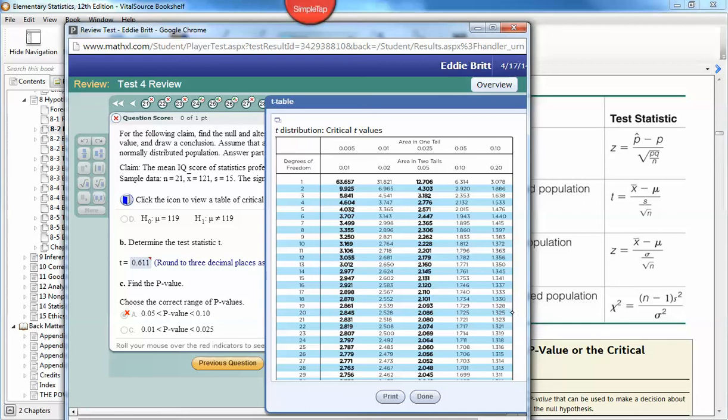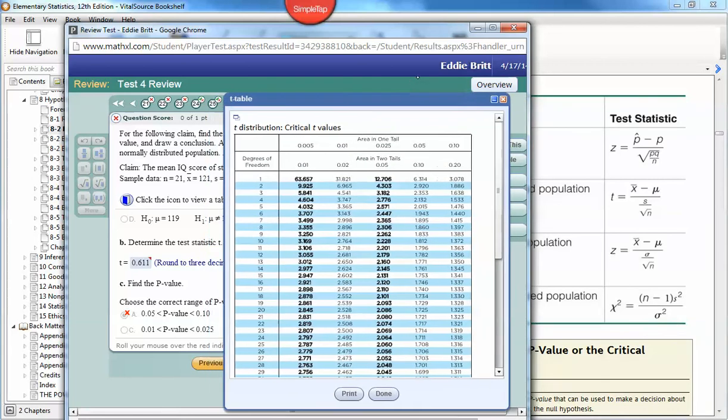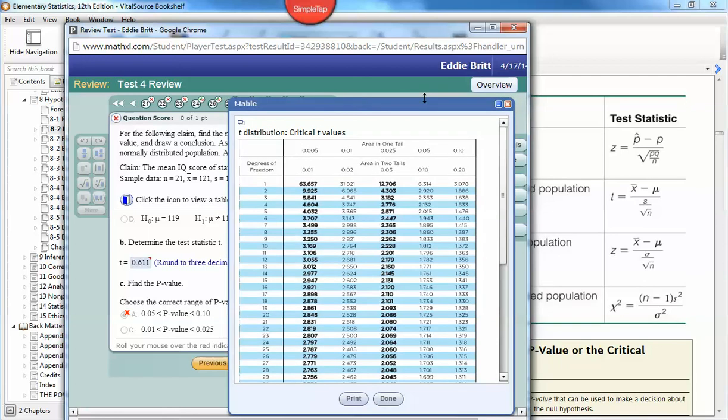So it's going to be less than, okay, was this one-tailed or two-tailed? So think about the original claim. The original claim was that it was greater than. So that means it's right-tailed, so it's one-tailed. So we were 20. Our test statistic was 0.611.